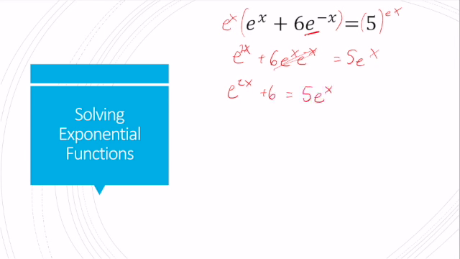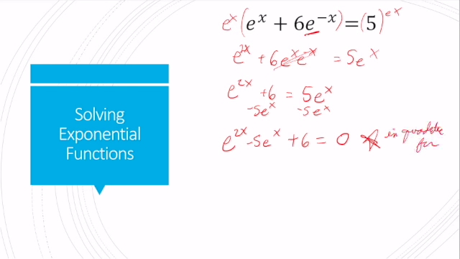Now I want to get one side of the equation equal to 0. So I'm going to subtract 5 e to the x from both sides. So I have e to the 2x minus 5 e to the x plus 6 equals 0. Now this is in quadratic form.